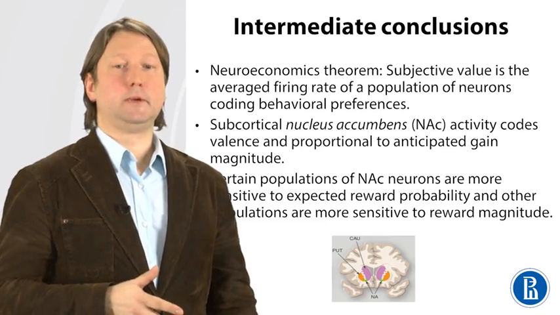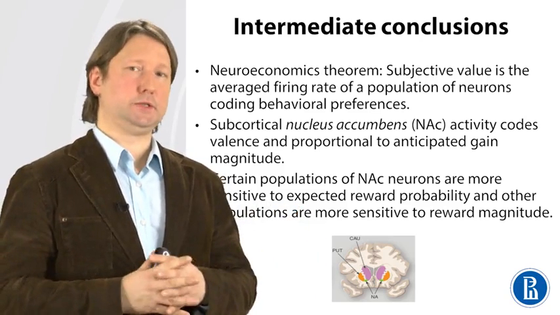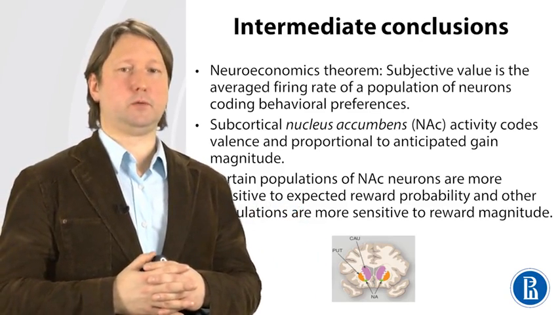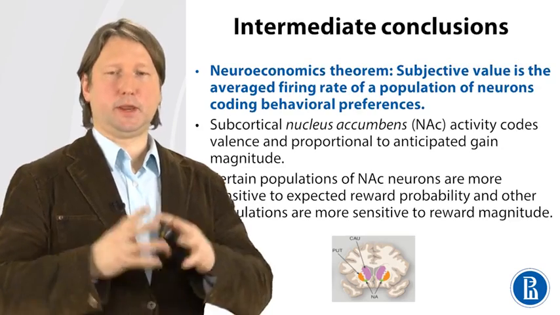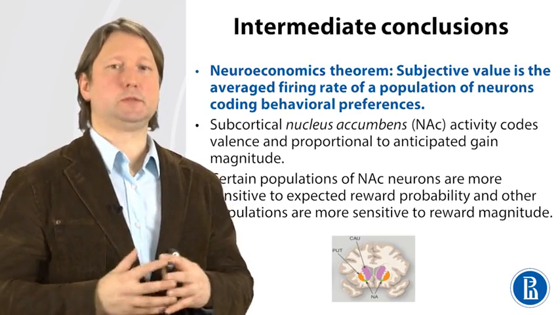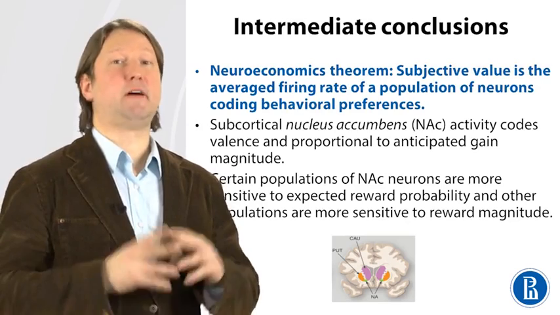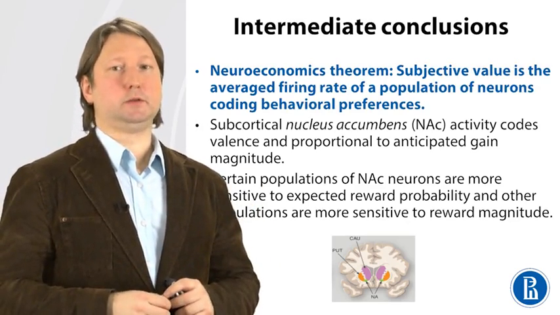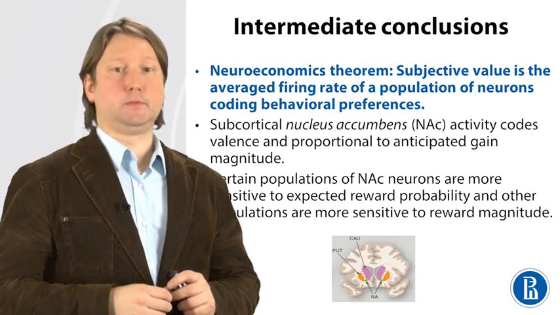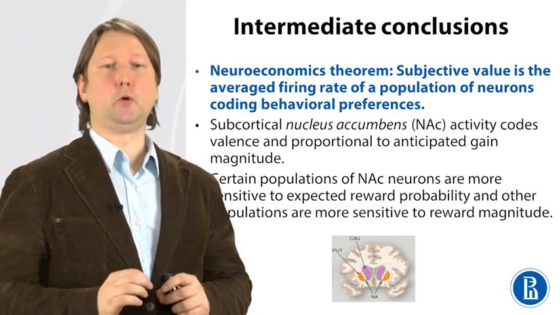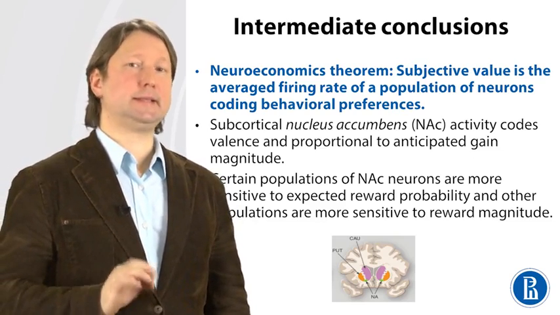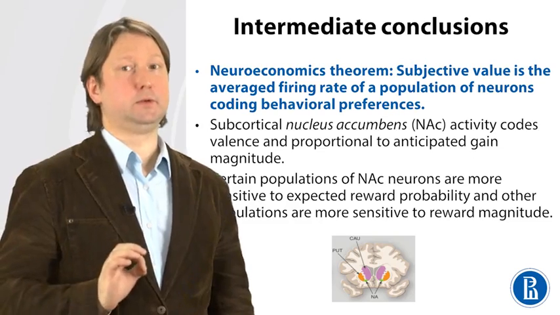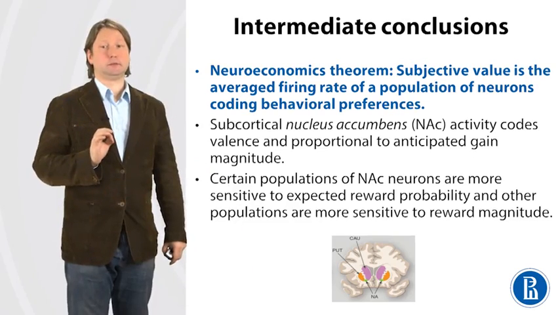So we can make some intermediate conclusions about the functional role of the nucleus accumbens. First of all, as I suggested, from a neuroeconomics perspective, our values are simply the firing rates of certain neuronal populations. So it looks like the nucleus accumbens codes anticipated gains magnitude during decision making.